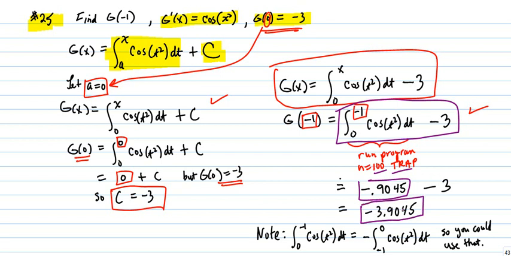So g of negative 1 would be approximately this value. If you didn't want to run this program from 0 to negative 1, if that made you nervous, you could just factor out the negative 1, change the limits around to go from negative 1 to 0 instead of 0 to negative 1, and everything would work out the same.